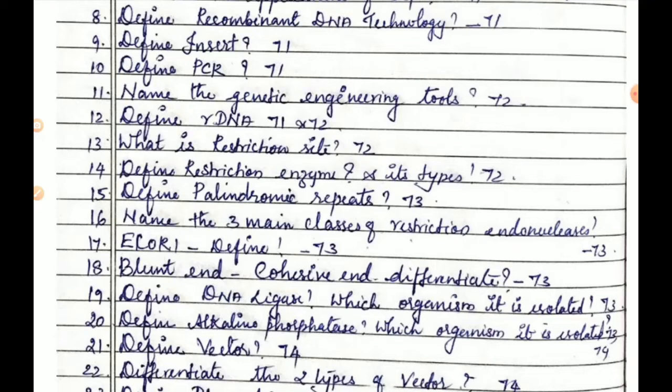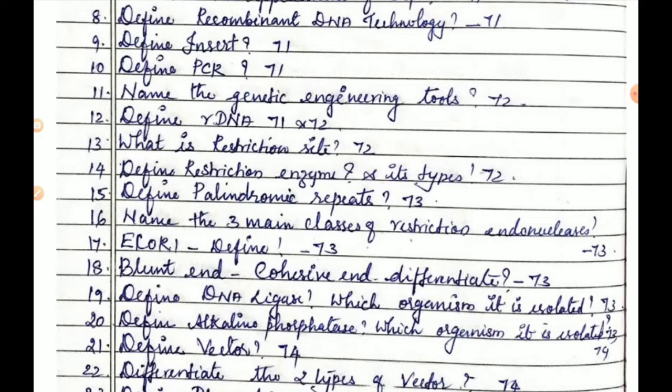E. coli means Escherichia coli restriction endonuclease enzyme 1. E. coli is from Escherichia coli strain RY13 and the first endonuclease 1 to be discovered. Close the bracket. That is the definition or full form of E. coli.